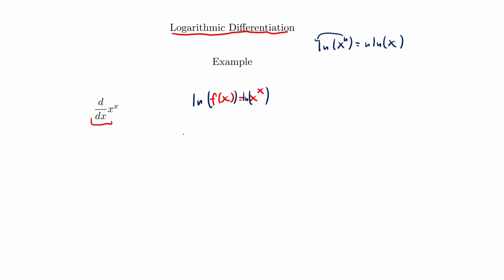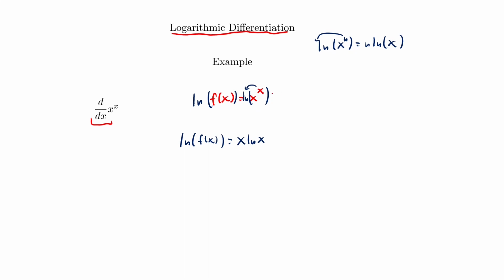So if we do that, we're going to be left with the natural log of f of x on the left-hand side, and then we're going to be left with x natural log of x on the right-hand side, because we can pull this x down.